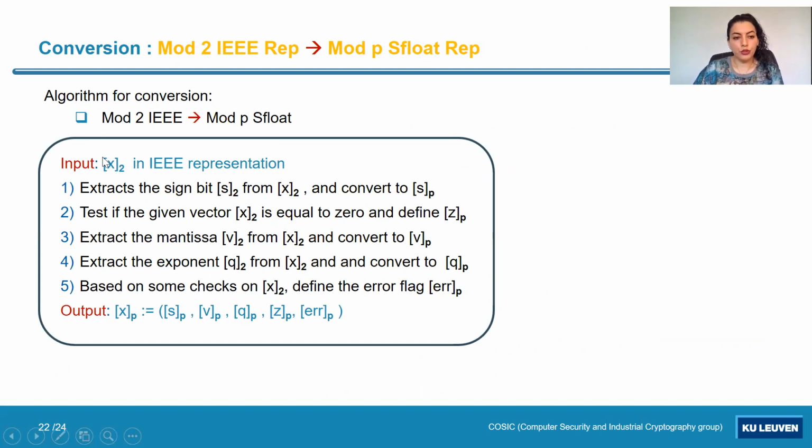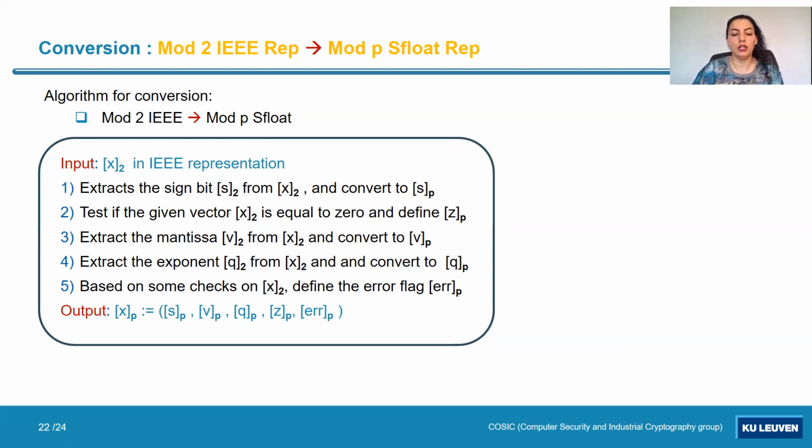We want to convert a value which is represented in mod 2 to a value which is represented in mod P. I'm not going through the algorithm in detail; we had lots of challenges because, to convert between these two words, as I mentioned, in the IEEE representation we have sign, exponent, and mantissa.